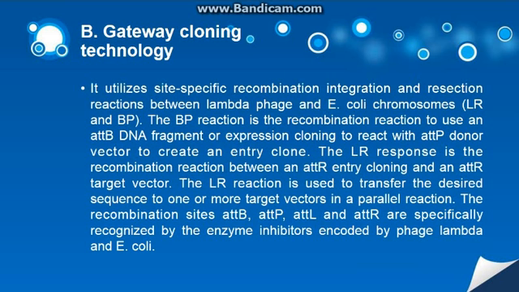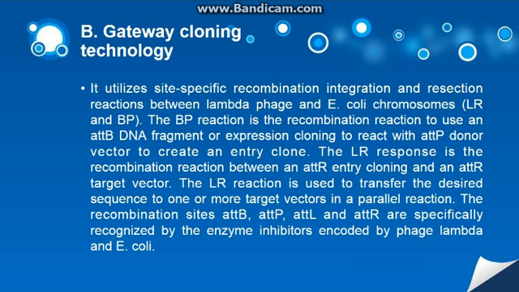Gateway cloning technology. It utilizes site-specific recombination integration and excision reactions between lambda phage and E. coli chromosomes, LR and BP. The BP reaction is the recombination reaction that uses an attB DNA fragment or expression clone to react with an attP donor vector to create an entry clone.